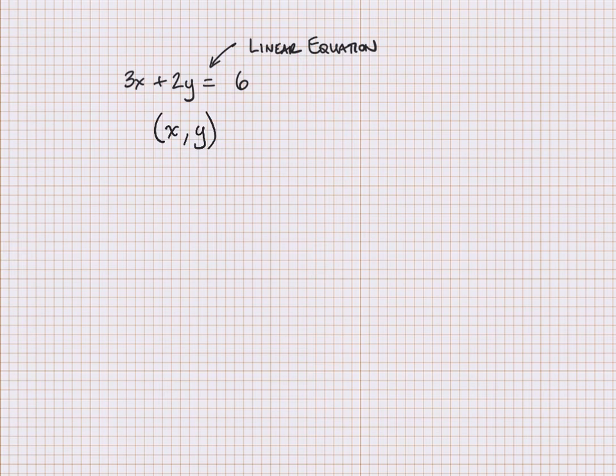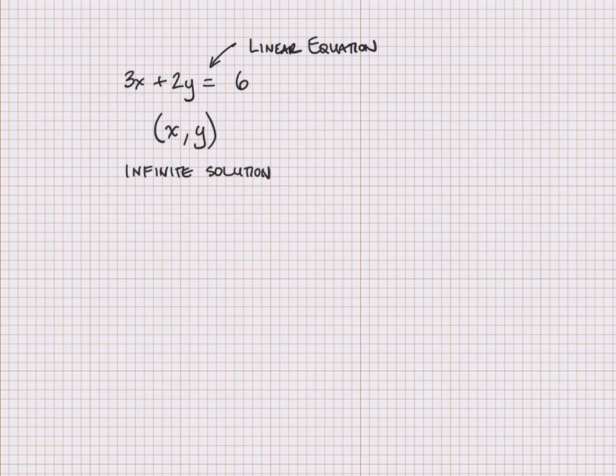And in fact, with a linear equation like this, or a 2 variable equation, you have an infinite number of solutions. I can find an infinite number of x values, and then the corresponding y value that would solve this equation.